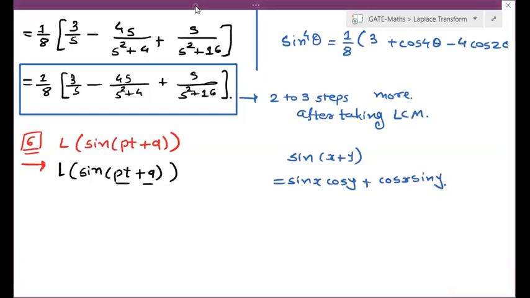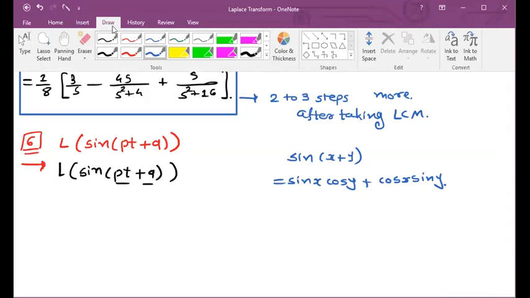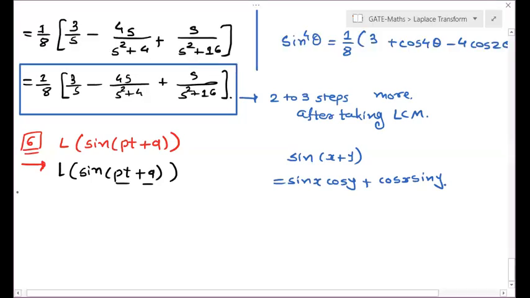So this will become Laplace of sin pt cos q plus cos pt sin q.